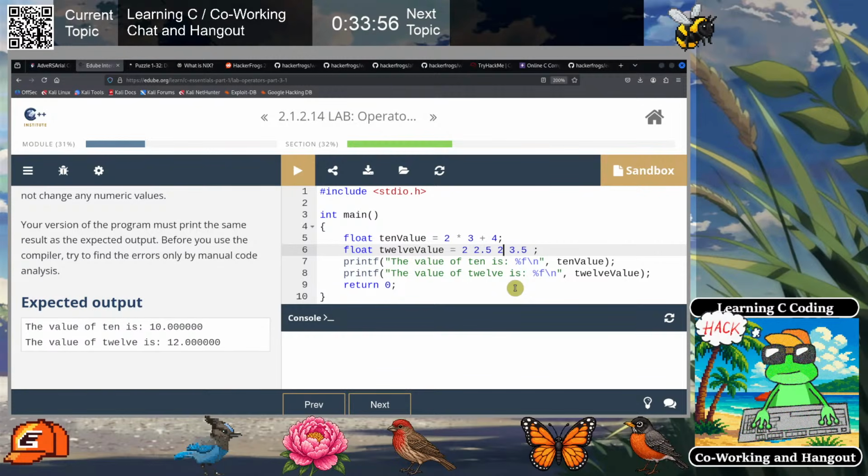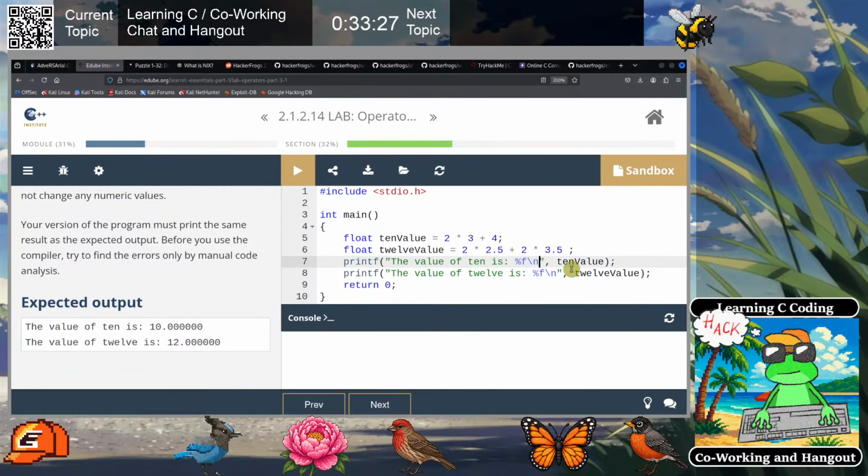So 3.5, 2.5. We're trying to make the number 12. So this is maybe 2 times 2.5. So that's going to be 5. And then plus 2 times 3.5.